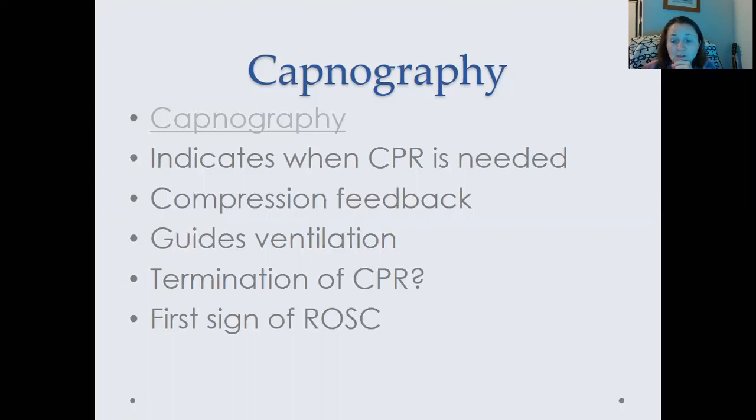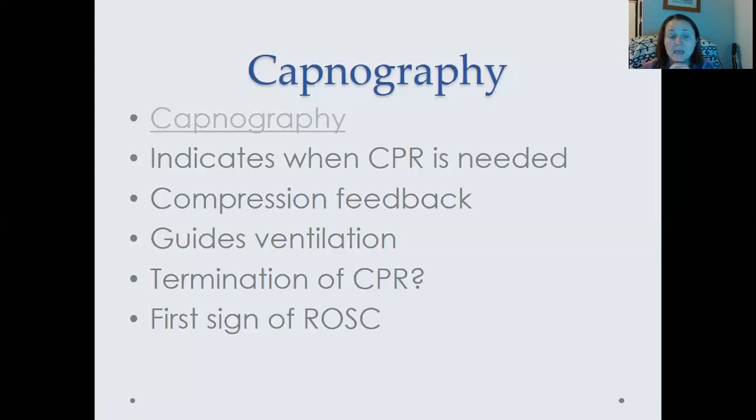Another thing that we'll use it for is compression feedback. If you have an end-tidal CO2 reading of 15 or more, that would indicate that you are generating perfusion with your compressions. If your compressions are generating small waveforms or the reading is below 10, then you could have poor compression technique, and it's a sign that there's decreased perfusion going on.